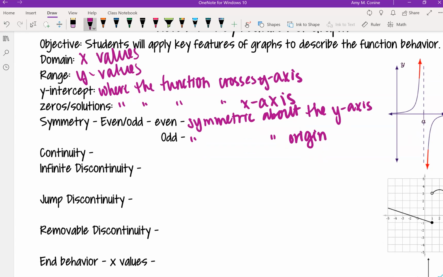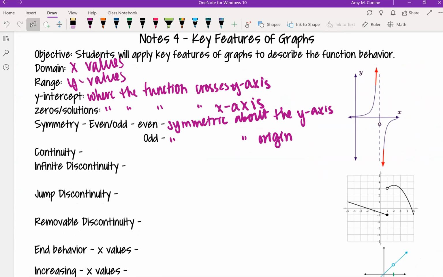So for continuity, if you have a continuous graph, that means it has continuity. There's no breaks, no holes, no asymptotes, anything like that.